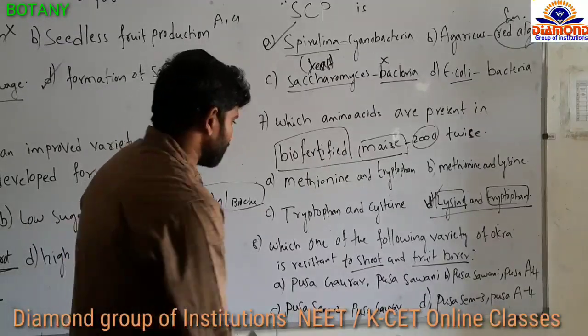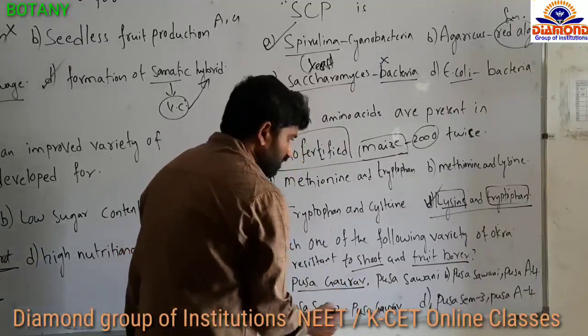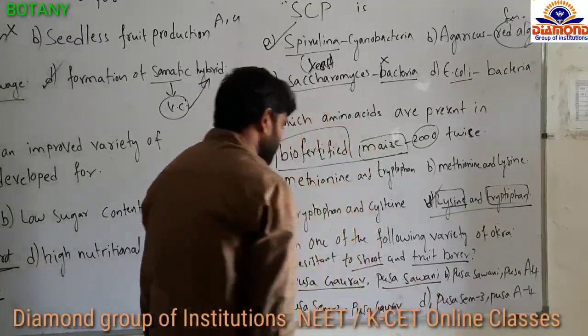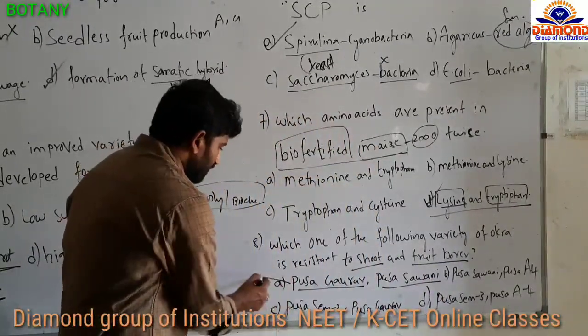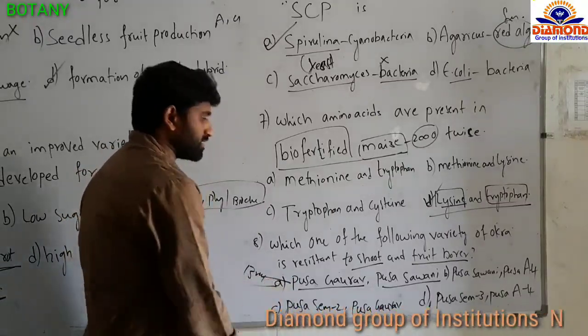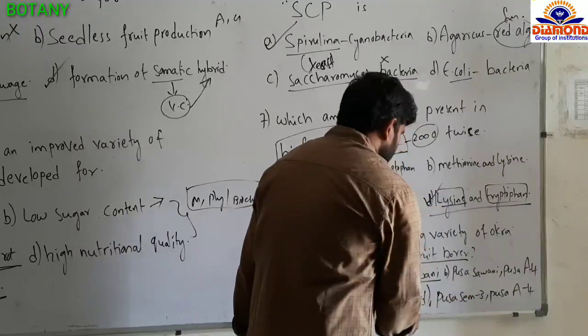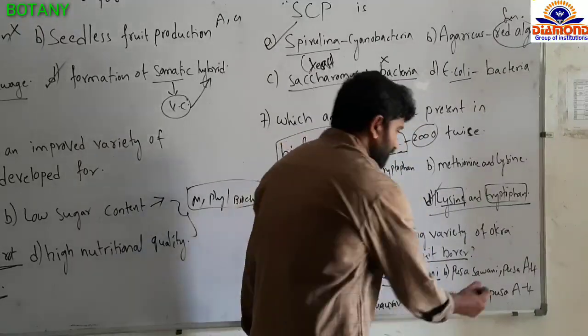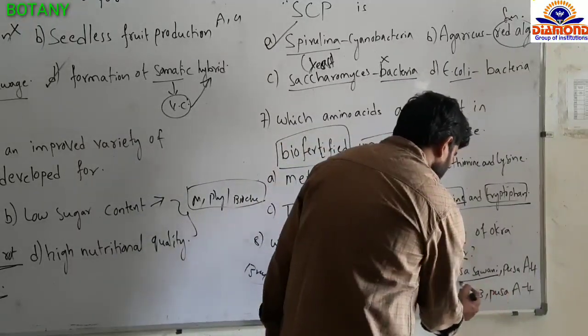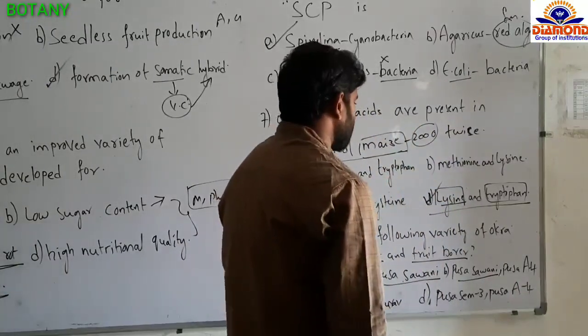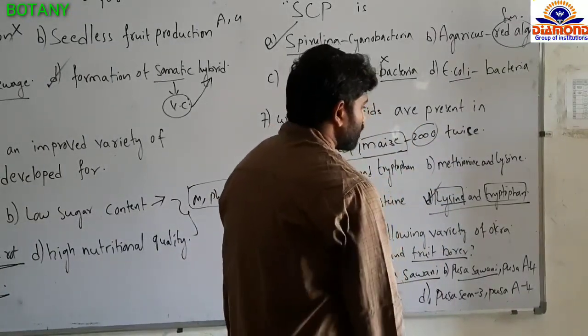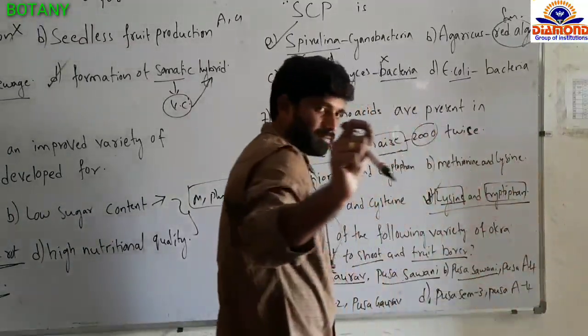So they given Pusa Doro and Pusa Savani. Pusa Doro is a brassica variety, resistant to aphids, and Pusa Savani belongs to the flat bean. Pusa Savani and Pusa A4 is common.